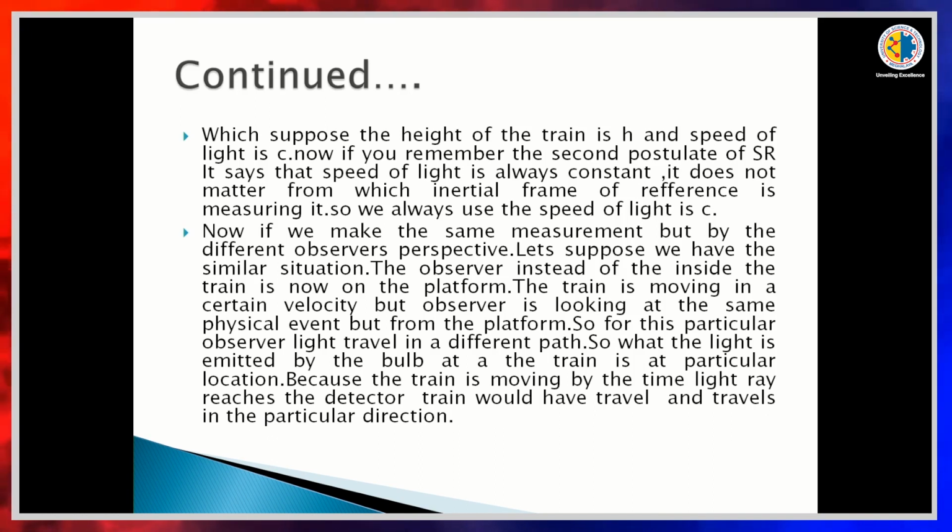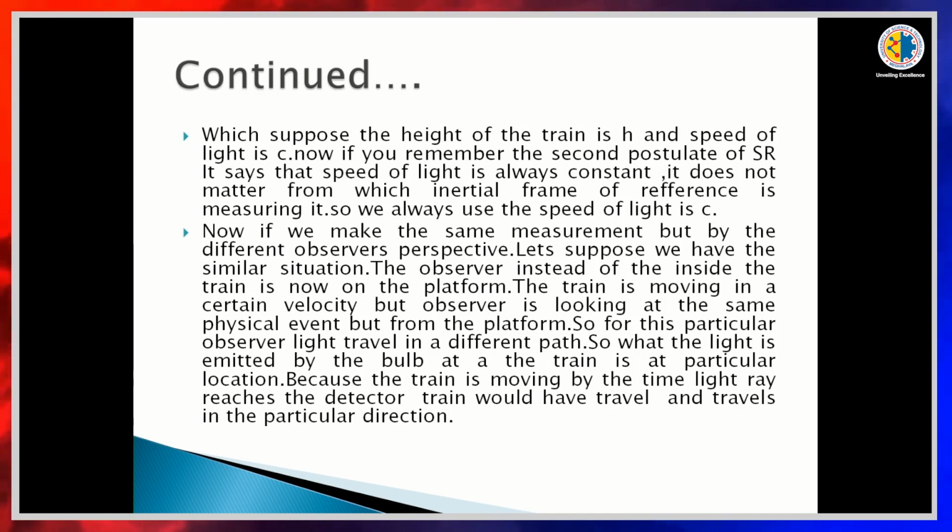Now, if you remember the second postulate of special relativity, it says that the speed of light is always constant. It does not matter from which inertial frame of reference it is measured. So we always use the speed of light as the constant c. In special relativity we discussed two postulates: one is the principle of relativity and the other is the universal constancy of the speed of light.